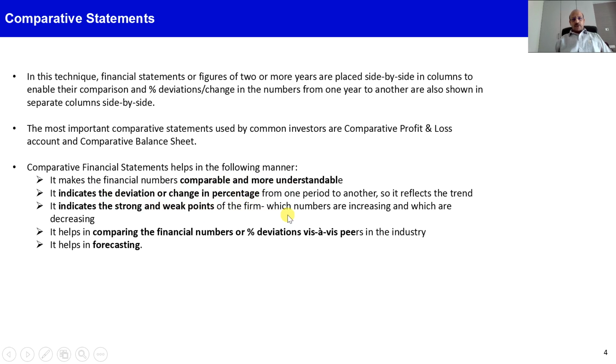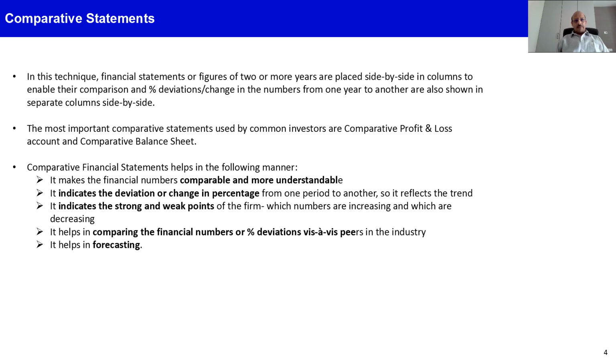If the sales and profit numbers are growing, that shows strong points for the company. And if reserve surplus net worth is increasing in percentage terms and in absolute terms, that will also be good points. Whereas any negative numbers in percentage in sales, profit, reserve, surplus will show a weak point for the company.